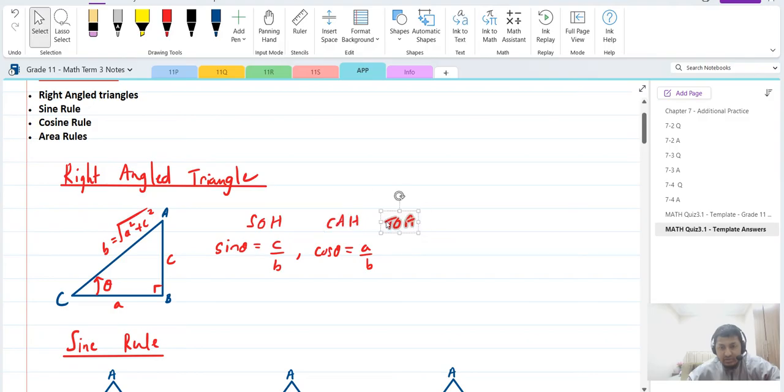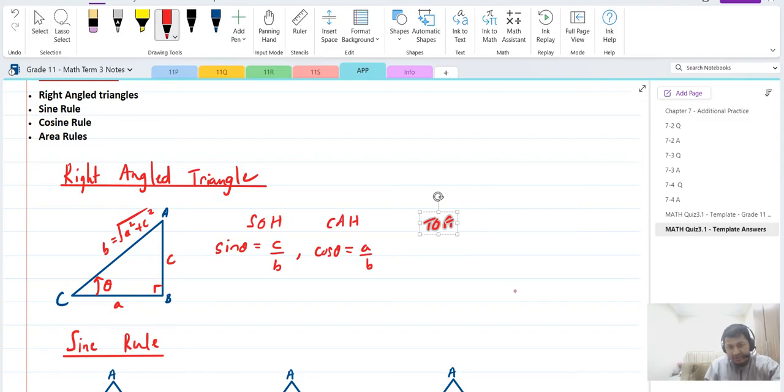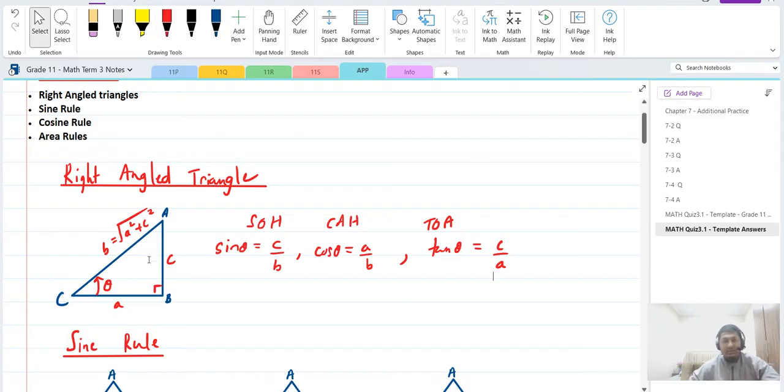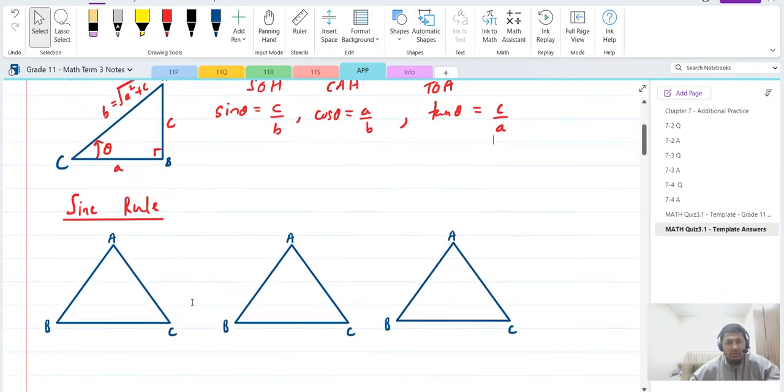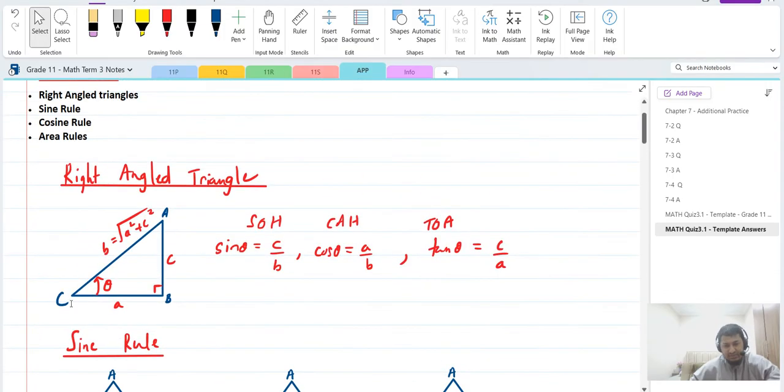And tan theta, the third one, is opposite over adjacent, which is c over a. So when you have a right angle triangle, just use SOHCAHTOA and you will have no issues. You can use the sine rule and the cosine rule, but it's not advisable. For a right angle triangle, just use SOHCAHTOA.